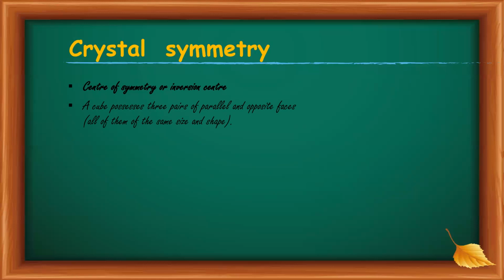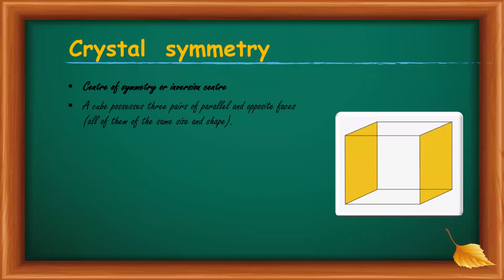We know that a cube possesses three pairs of parallel and opposite faces. Here in the figure, the shaded faces is one example. Similarly, there are two other such pairs.